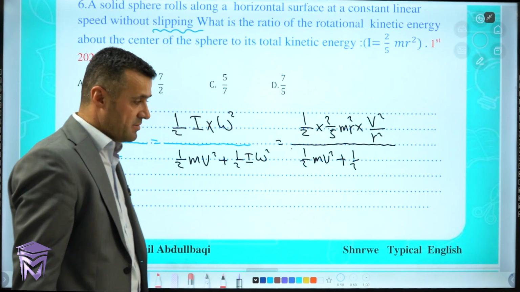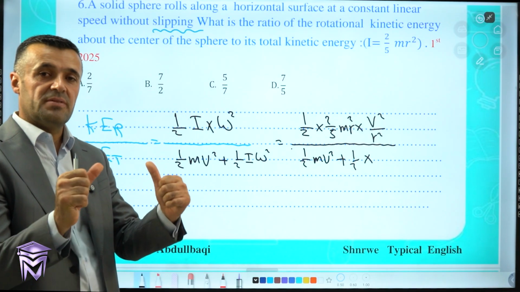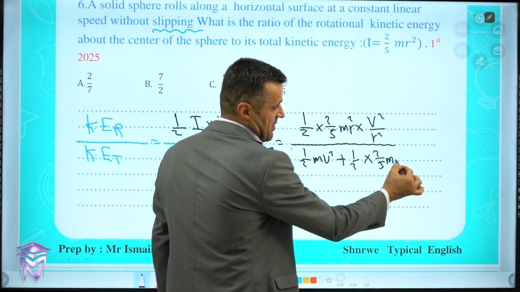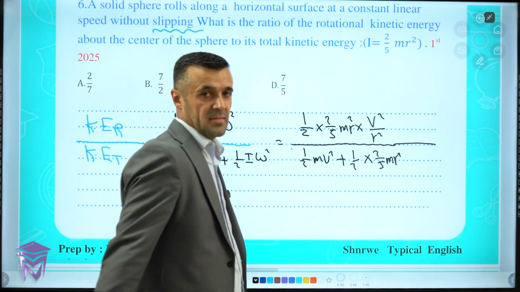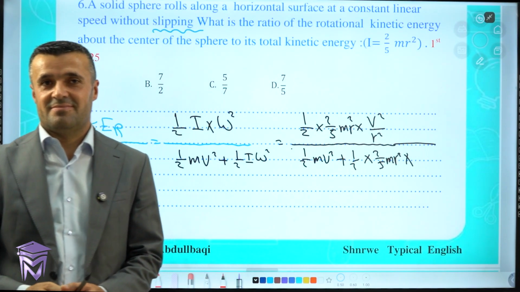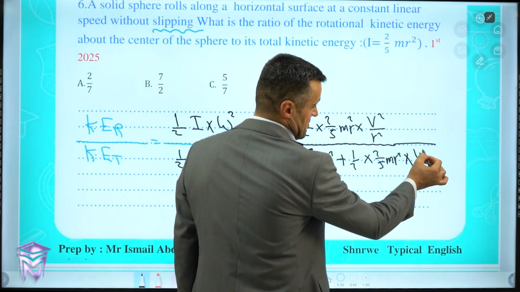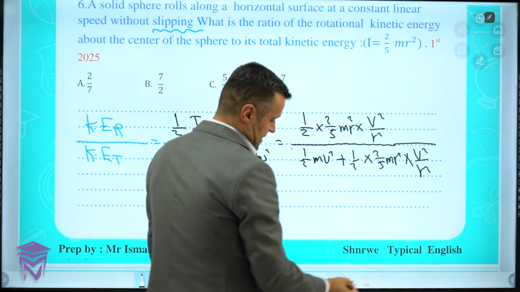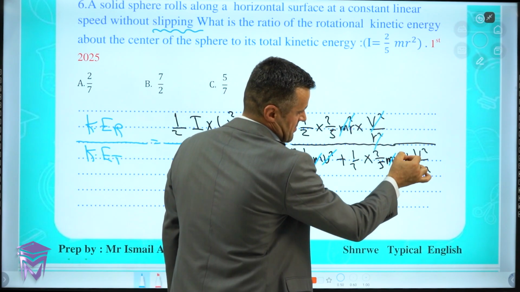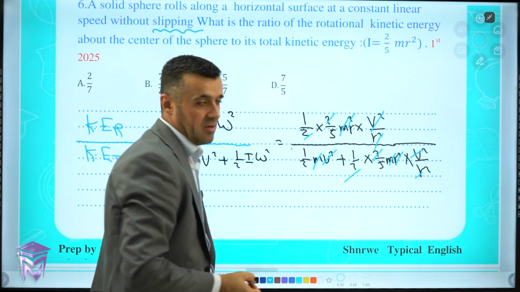So the r square cancels, and 2 with 2 cancels.